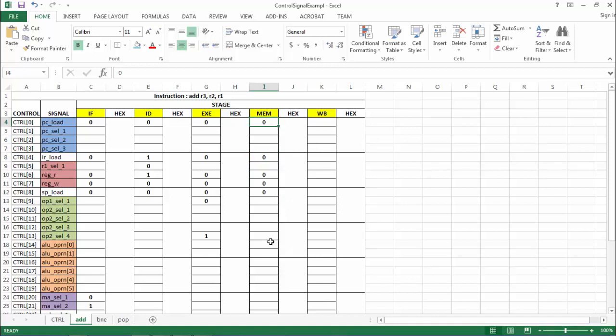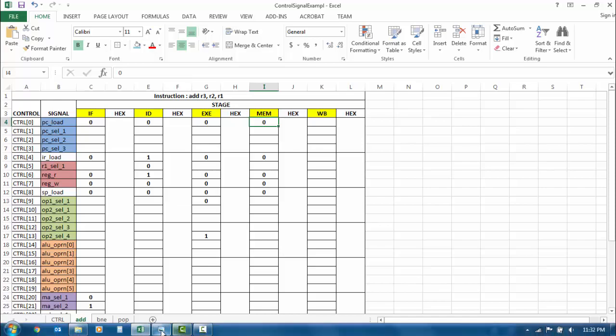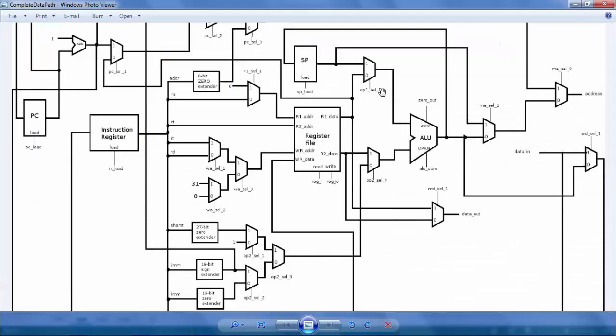And another thing is important: since this is a combinational circuit, until my ALU operation result is written back into the register, meaning the result is committed, we must keep this current configuration on. So the selection of this multiplexer and this multiplexer has to hold on till we write back the result.